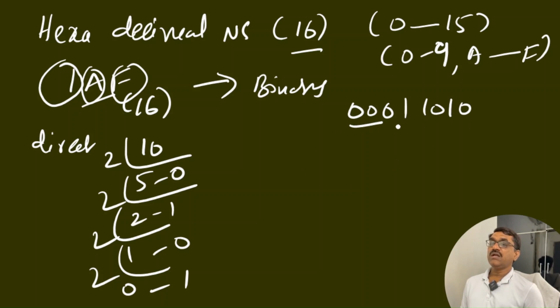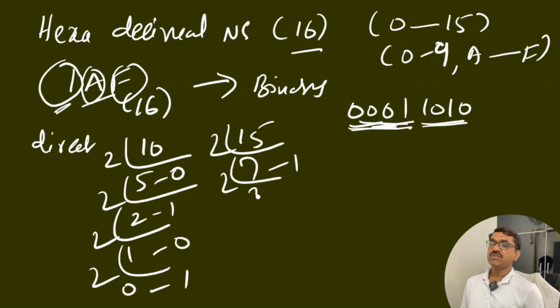So you take each digit and convert it into its binary equivalent, right? But each group pattern should consist of 4 bits. Now F is 15. If you take 15, 2 7s are 14, remainder 1; 2 3s are 6, remainder 1; 2 1s are 2, remainder 1. So here we are getting 4 ones.